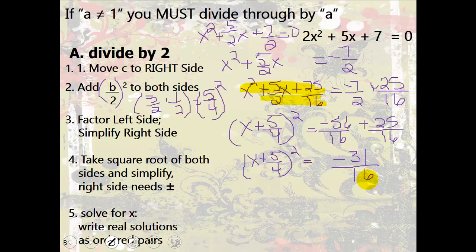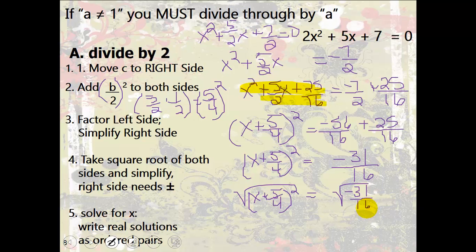And now I have to take the square root of both sides. x plus 5/4 equals the square root of negative 31 over 16.